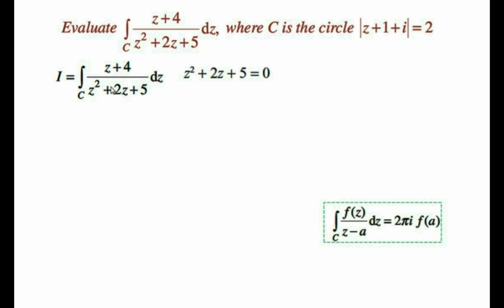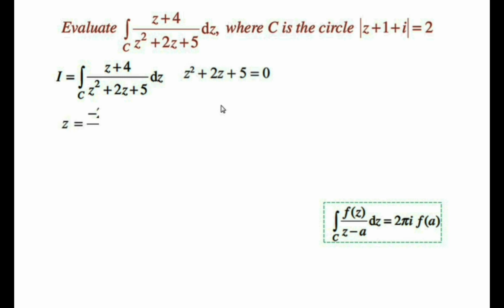Therefore, the singular points are given by z square plus 2z plus 5 equals 0. It is a quadratic equation in z. It is compared with az square plus bz plus c equals 0. We have a is 1, b is 2, c is 5.